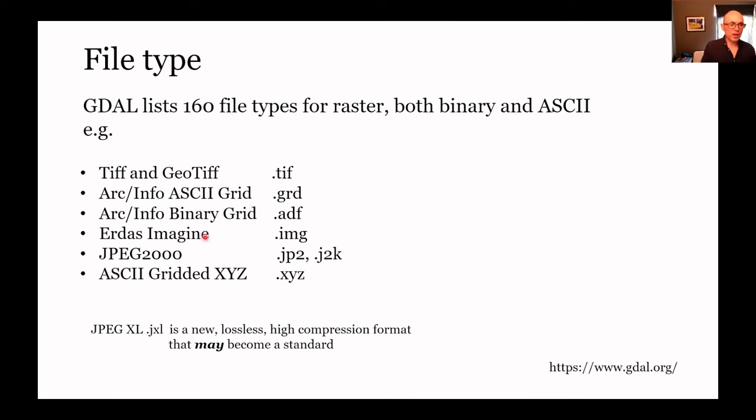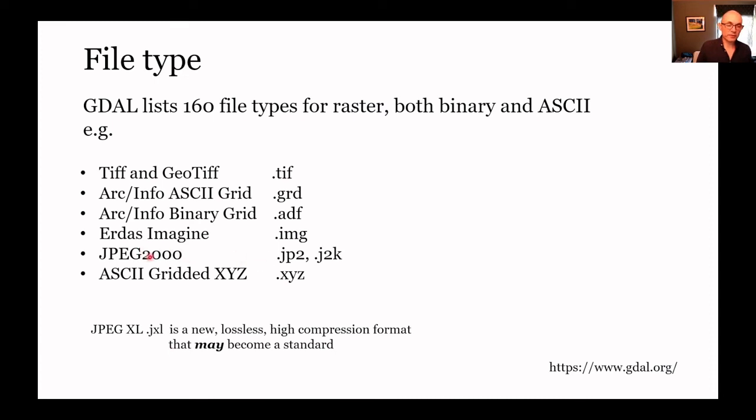So this TIFF is the most common. We have this image format that's also a very common format. And then we need to look at something called JPEG 2000. So this is a JPEG format, the bad one, but a good one. This is one of the good bad ones, and this is actually used by the European Space Agency for their data when you download it. This is lossless.